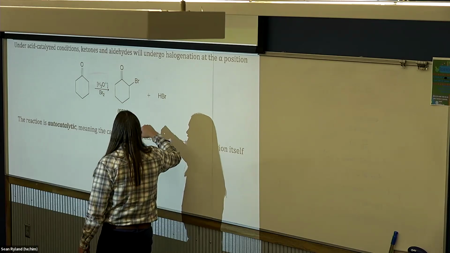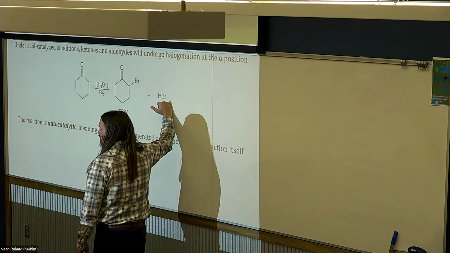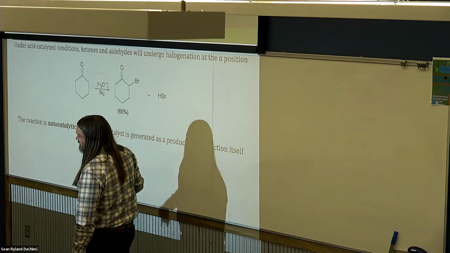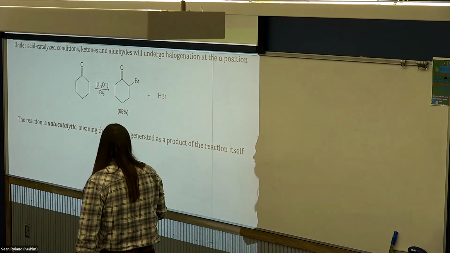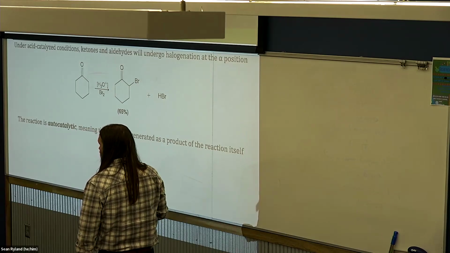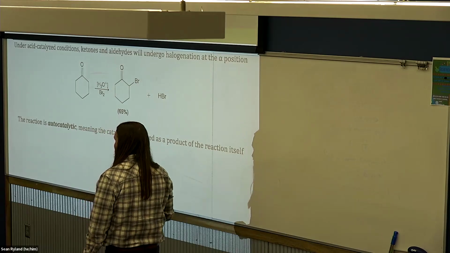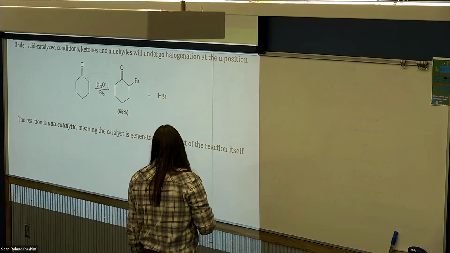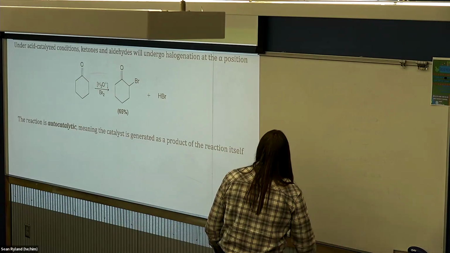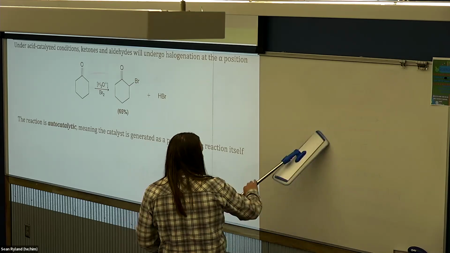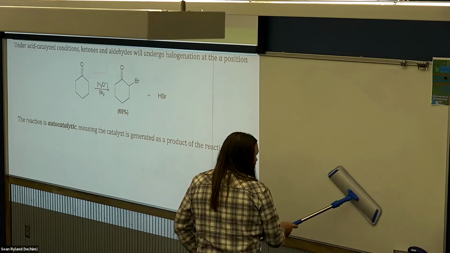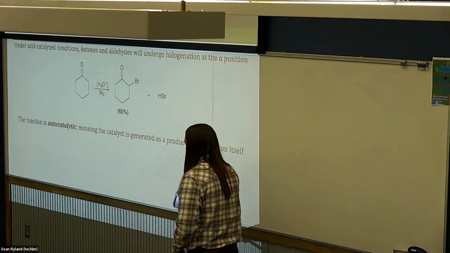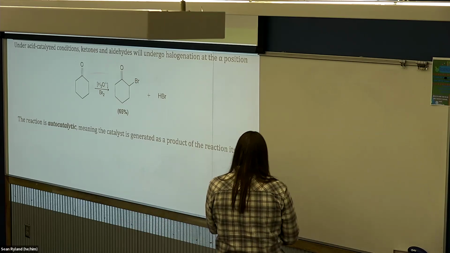But then over the process of the reaction, we're actually making more acid, because we're deprotonating our carbon and turning it into more free H pluses floating around. That characteristic, when the reaction produces its own catalyst, is what's called autocatalytic. Makes sense. Auto means self-sufficient or on its own.